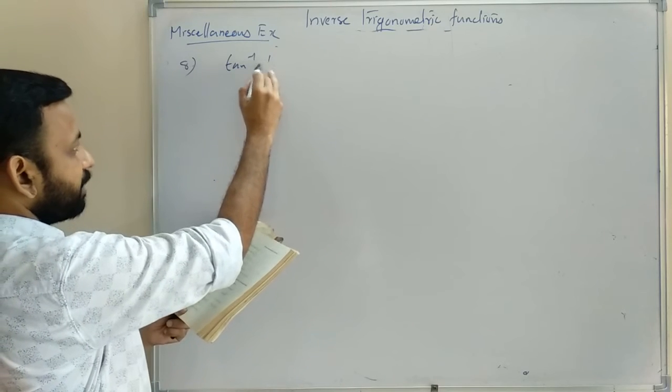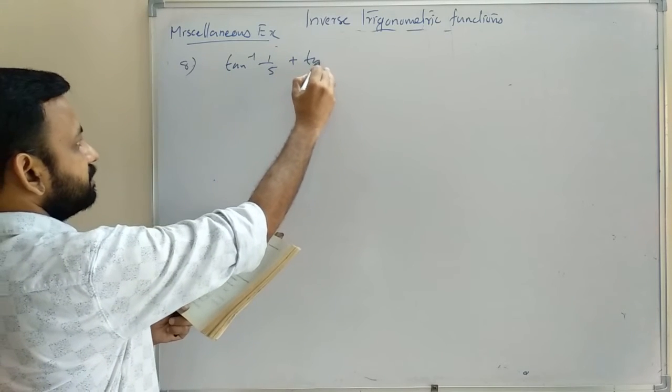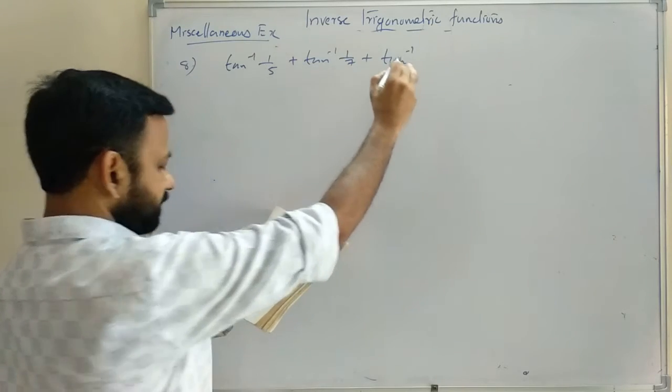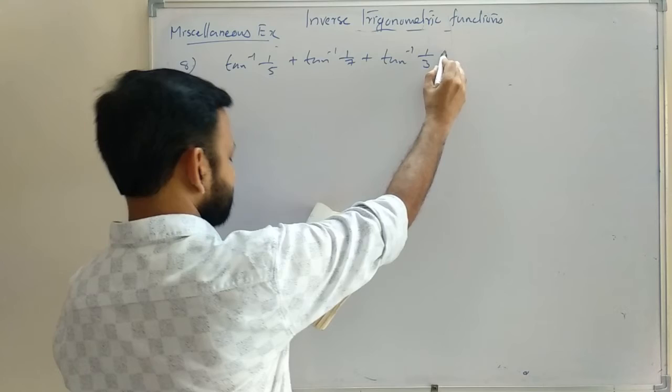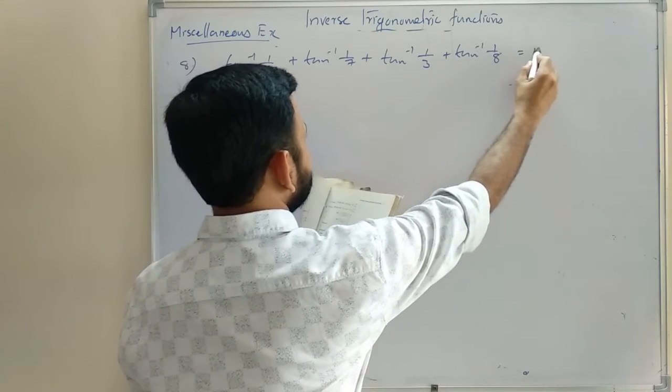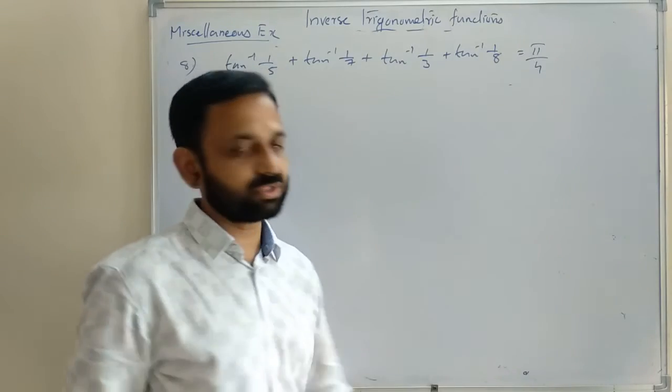Tan inverse 1 upon 5 plus tan inverse 1 upon 7 plus tan inverse 1 by 3 plus tan inverse 1 by 8 equal to pi by 4. So that is our question.